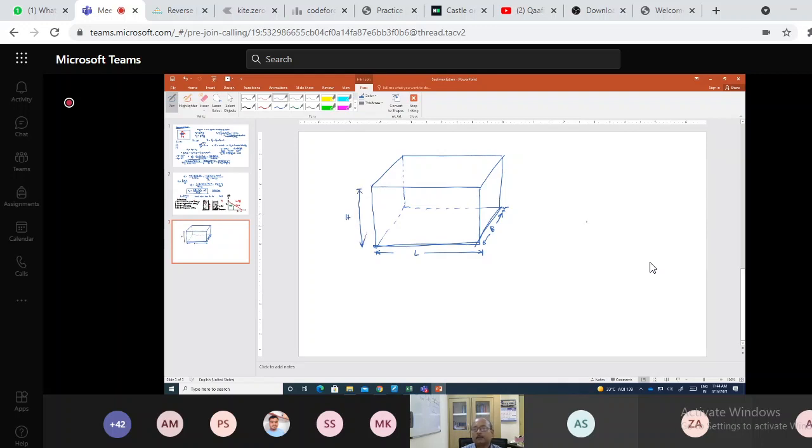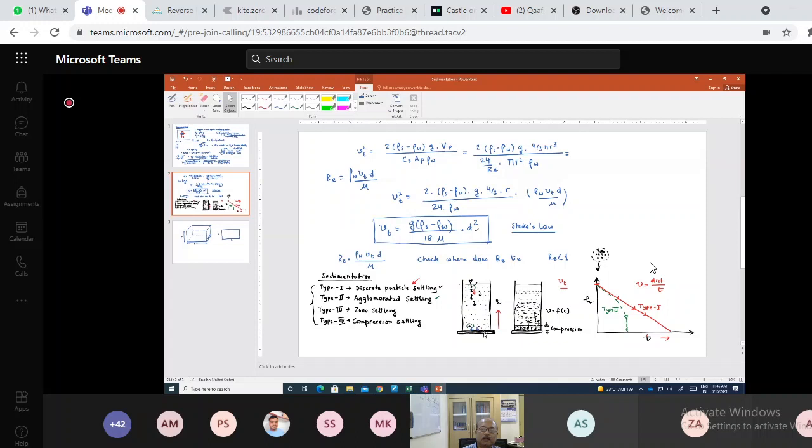Let me have a look at the long section of the tank, and this is the long section that we are looking at. This is your length L, and this is your height H.